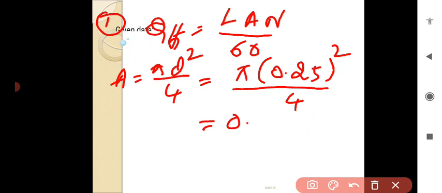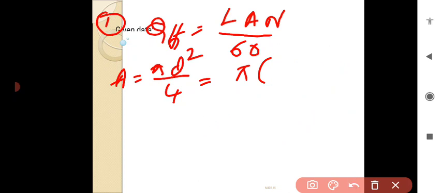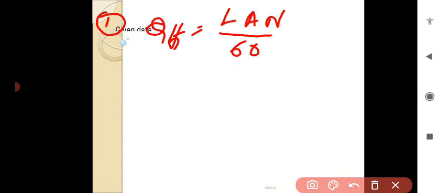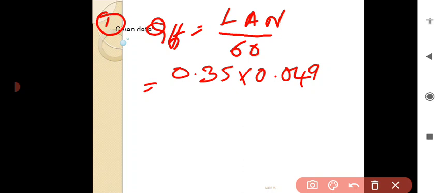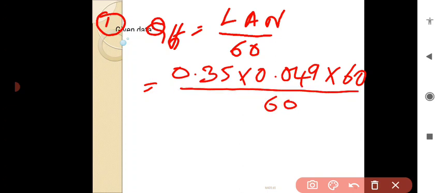Now we will calculate the theoretical discharge. Theoretical discharge is equal to LAN by 60. So that is equal to length of the stroke, 0.35 meter, into area 0.049, into n, the speed, 60 by 60.